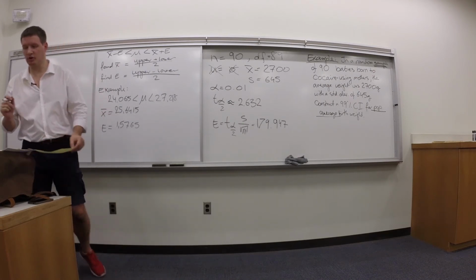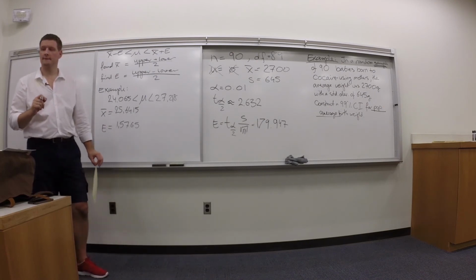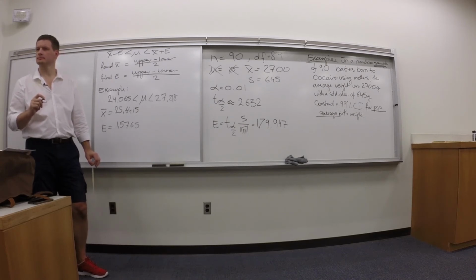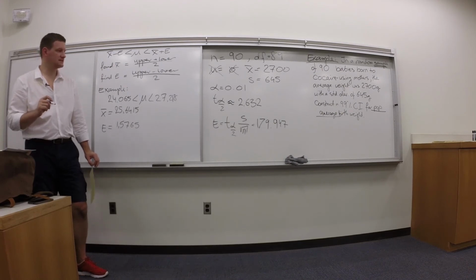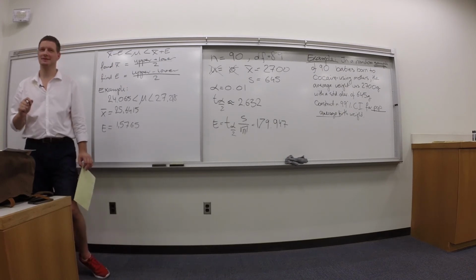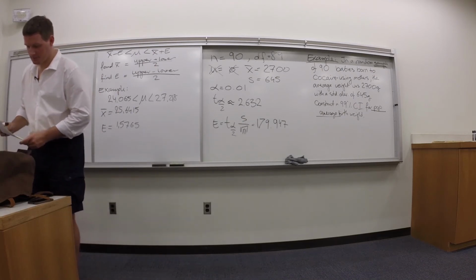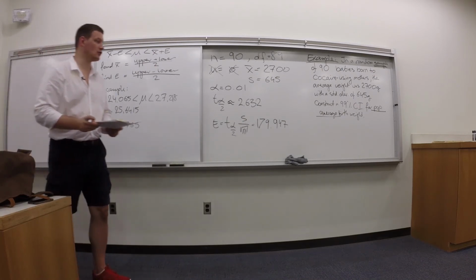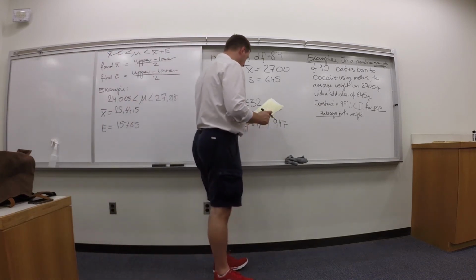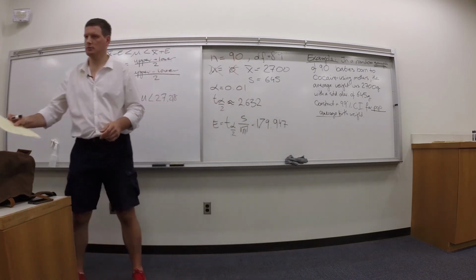I might have gotten the number off a little bit. What did you get? Yeah, I got 180. 180.6, I rounded it off. Oh yeah, definitely got 178.946. Yeah, 178.9.